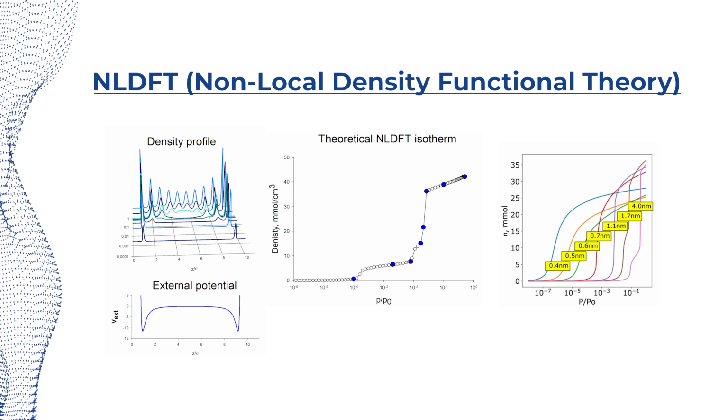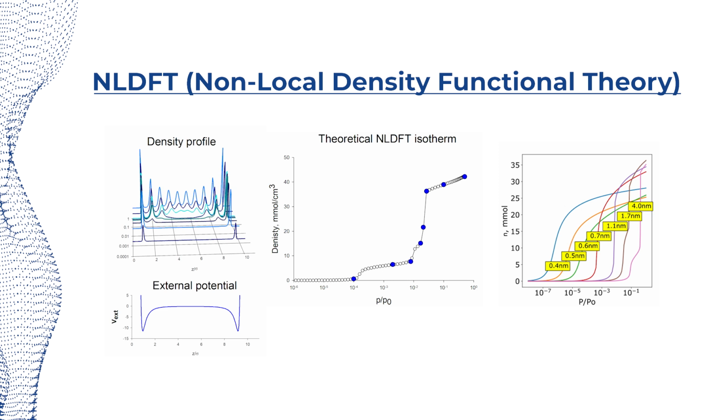The graph shown in the middle, labeled as the theoretical NLDFT isotherm, plots the calculated density shown in the density profile graph on the left against the corresponding relative pressure. So the first blue data point on the isotherm represents the first density profile shown in the top left graph, and then the second point represents the next density profile, and so on and so forth.